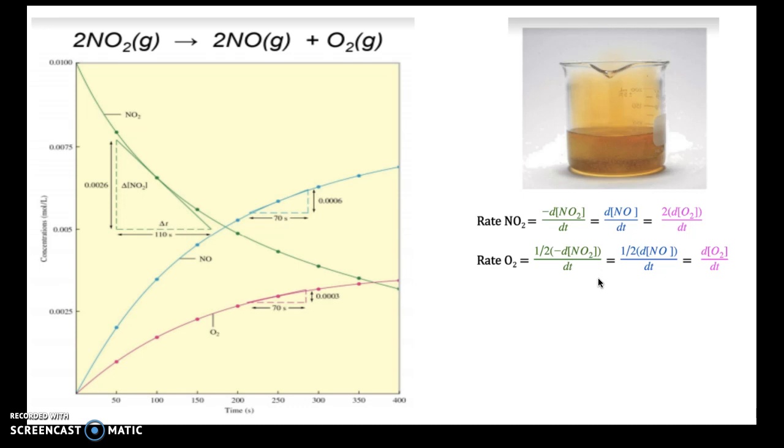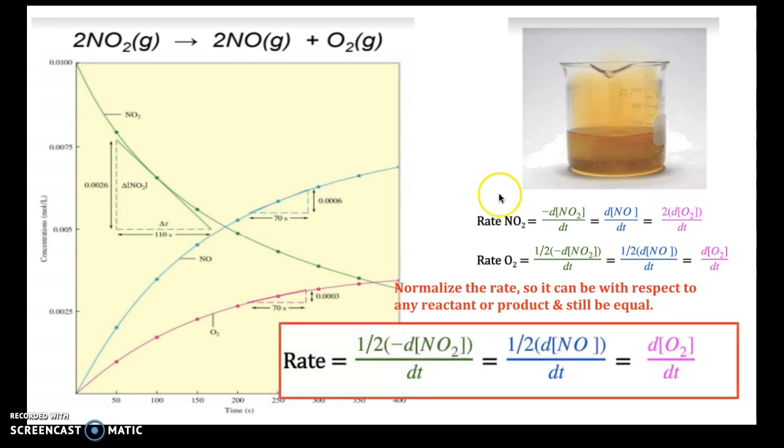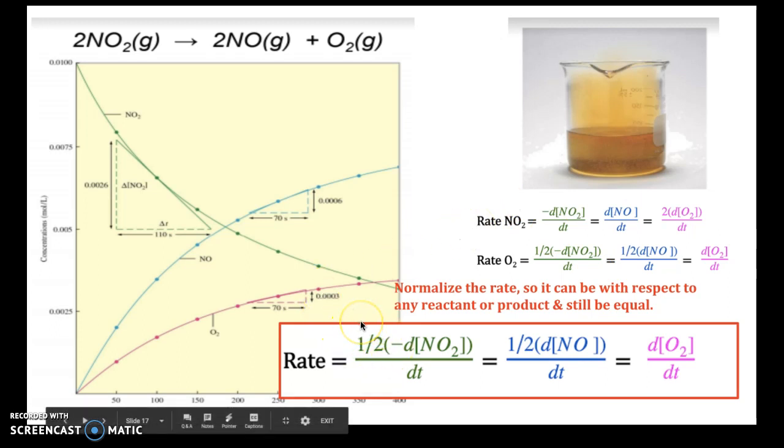So to eliminate all that, we normalize the rates, so it can be with respect to any reactant or any product and still be equal. The way that we normalize the rate is we take the rate expression for each species and divide it by its coefficient, or the way I'm writing it here, multiply it by the reciprocal of its coefficient.